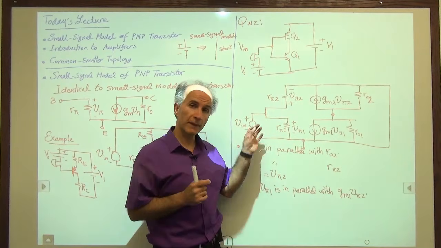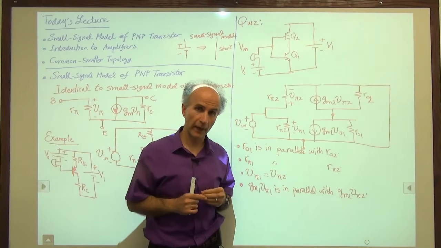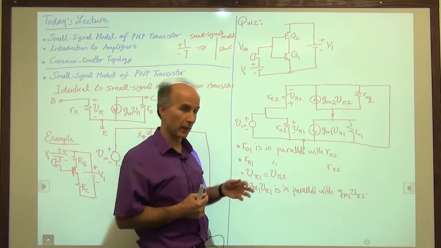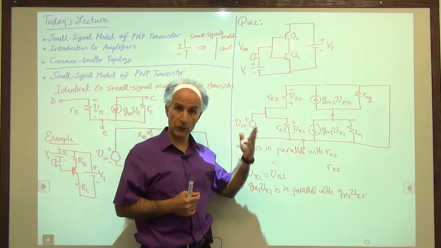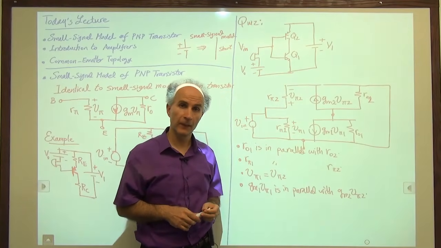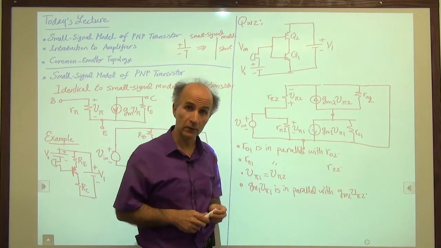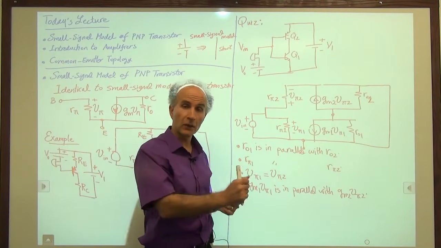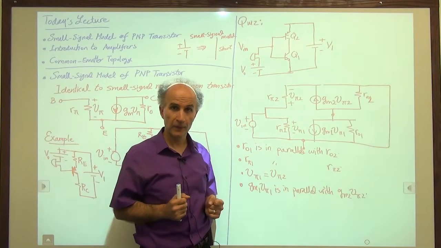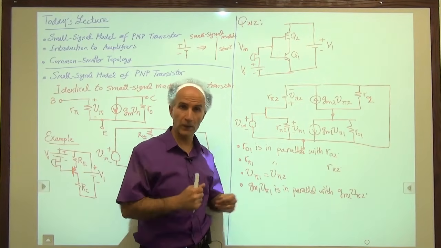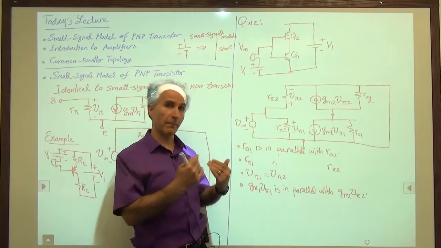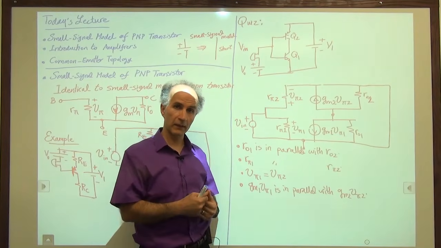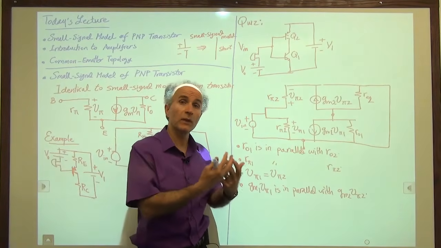So the point of this example is to show you that when we encounter a more and more complex circuit in our studies, the first thing we should not do is to quickly write equations, write KVLs and KCLs, nodal equations, that sort of thing. We should take a step back, look at the circuit for a while, and try to feel what's going on in the circuit.